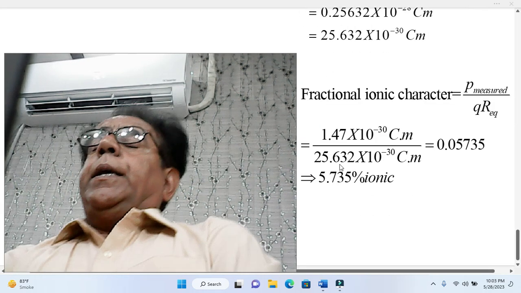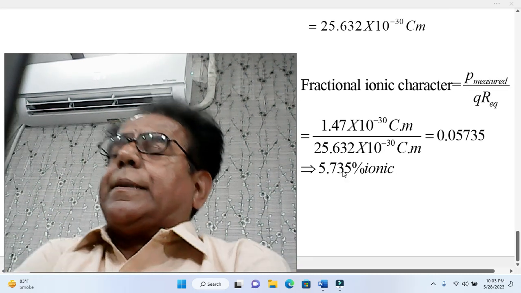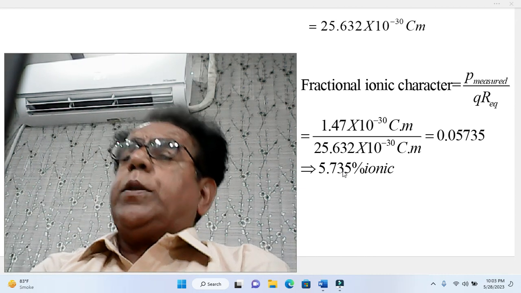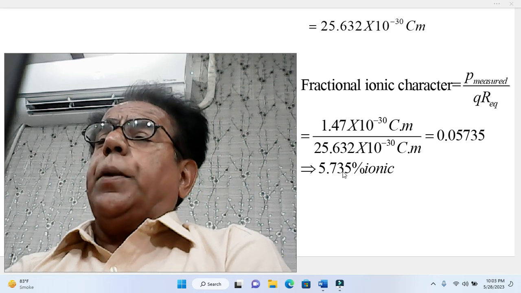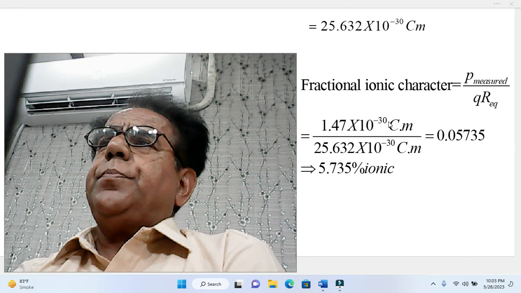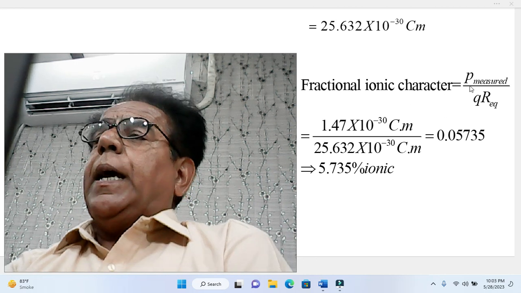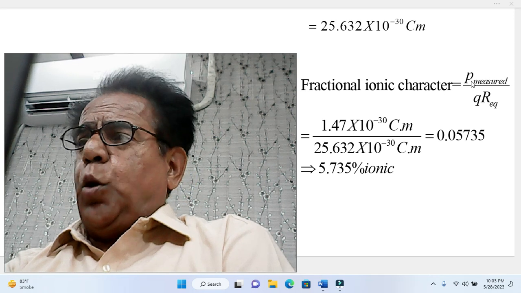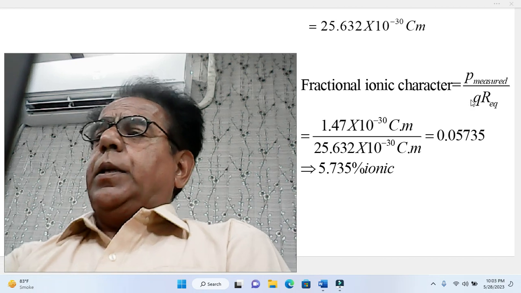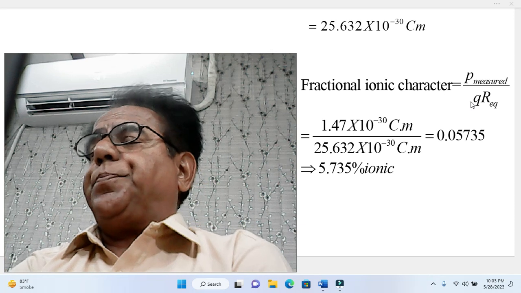Now we move to the other part of this problem, in which the fractional ionic character is to be calculated. As per the formula, which had two versions, fractional ionic character equals p, the measured electric dipole moment, over Q times capital R subscript EQ.